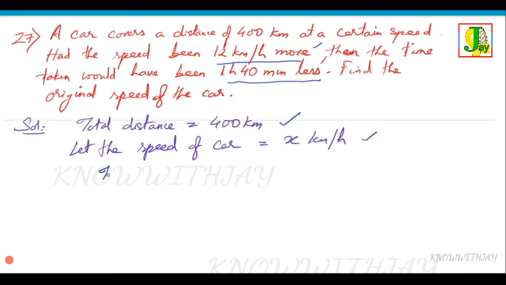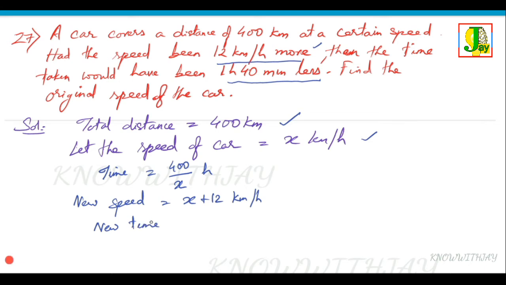So the original time taken equals 400 by x hours, and the new speed is x plus 12 km per hour. Then the new time taken will be 400 by x plus 12 hours.